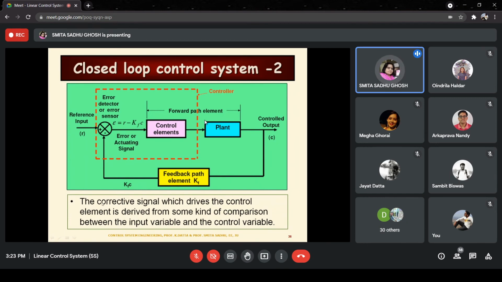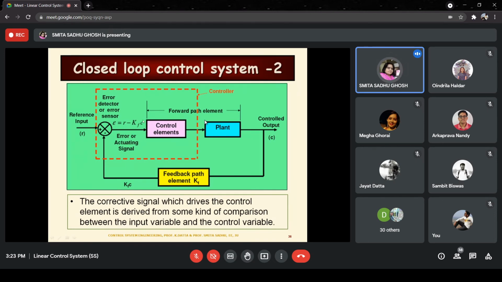So you can see that because this is a corrective signal, this corrective signal will have a non-zero value as long as there exists a difference between the input and the output. When the output becomes equal to the input, or in the specific case of KF equal to 1, or if it's not equal to 1, then your output into KF becomes equal to R. That's the case that I'm speaking of.